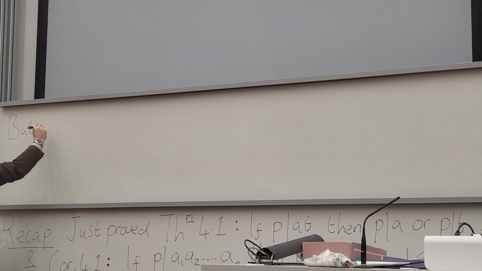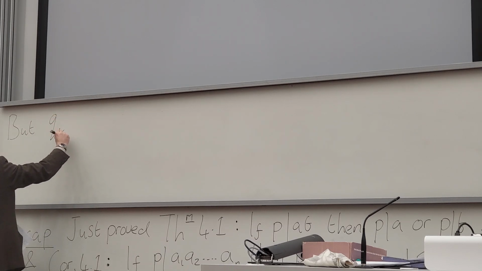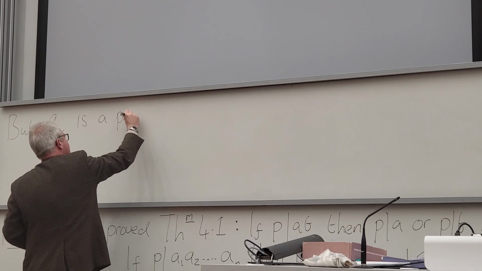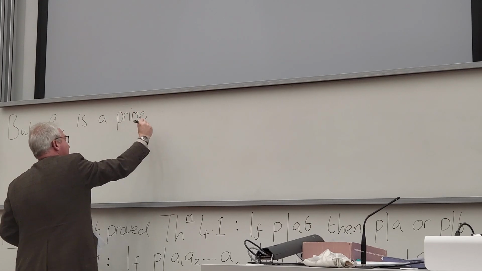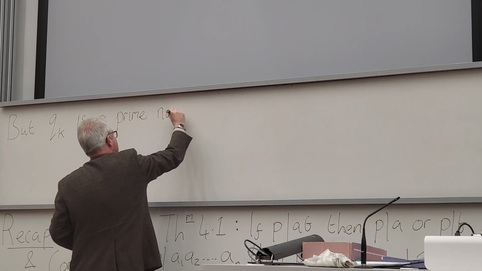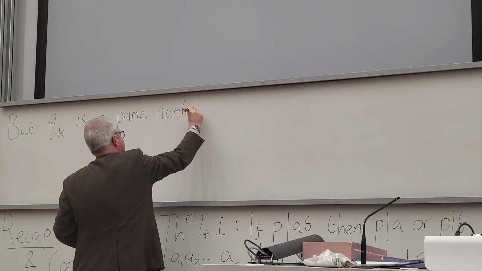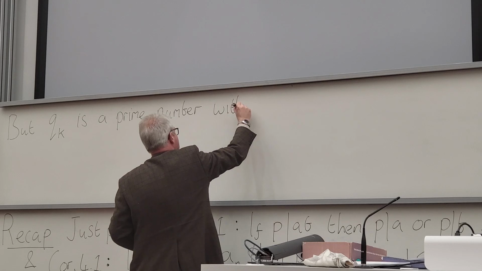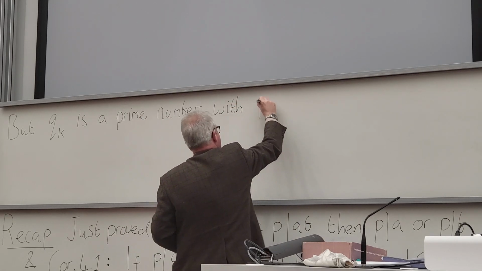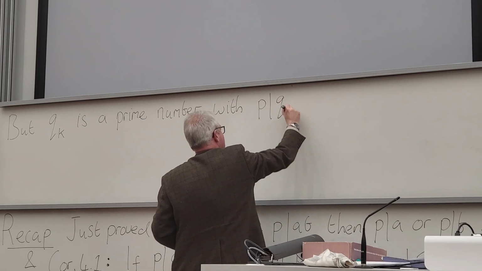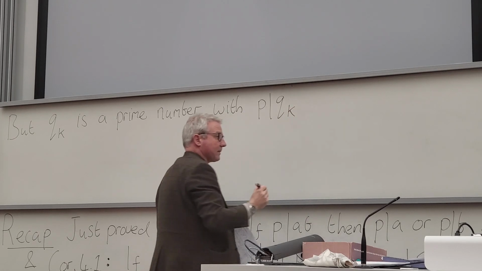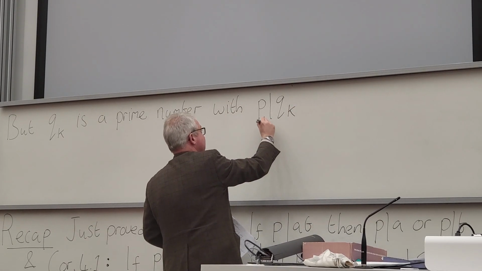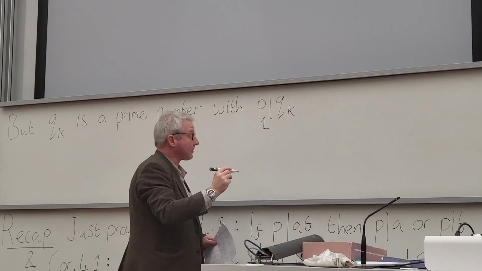Okay, we now use the fact that Qk is a prime number. So Qk is P1E for some E. So P1 divides Qk.